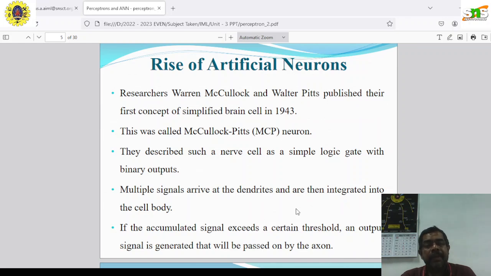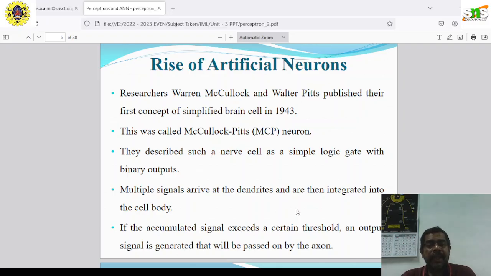They described the nerve cell as a simple logic gate with binary outputs. The main artificial neuron activity is based on the concept of yes or no, that is, binary outputs, either 1 or 0. All these things can implement the purpose of logic gates.